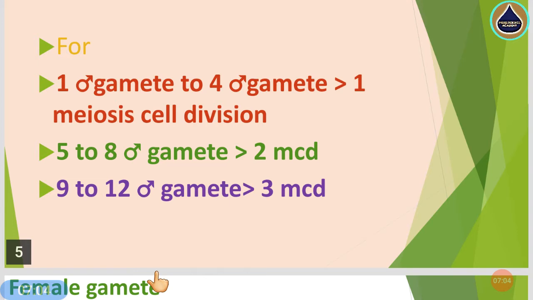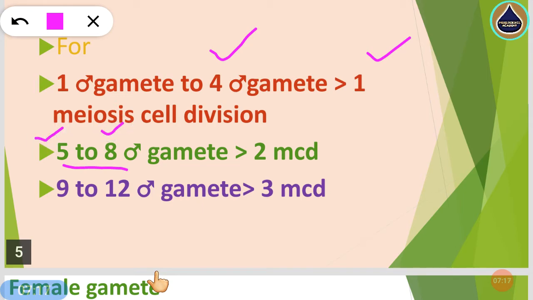Likewise, in the second example, for 1 to 4, only one cell division is needed. Then for 5 to 8, 2 meiotic cell divisions are needed. Is that clear?